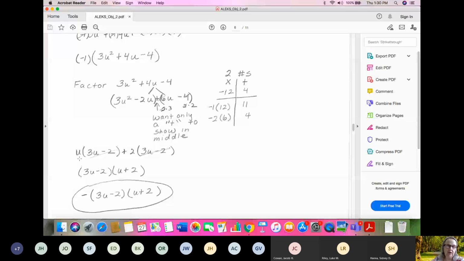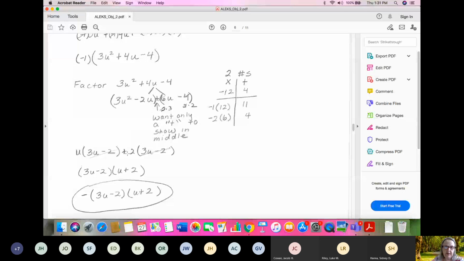So we want to factor a u out in front. When we factor a single u out, we're still left with a u. In fact, we're left with 3u inside. Minus. We're factoring out a u, so we have a -2, and that u went out front. And then plus.